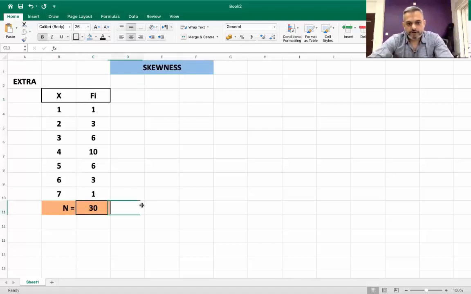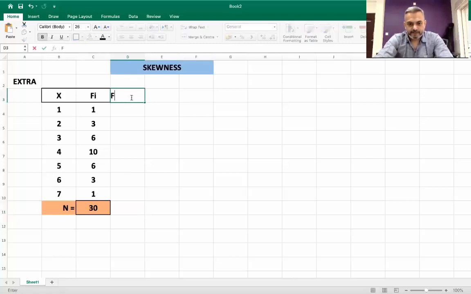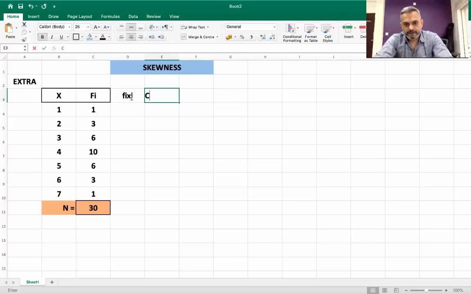So, in order to find a mean, you need Fi Xi. In order to find a median, you need CFi, cumulative frequency, and mode. I'll find mode. Mode is the variable with the highest frequency.